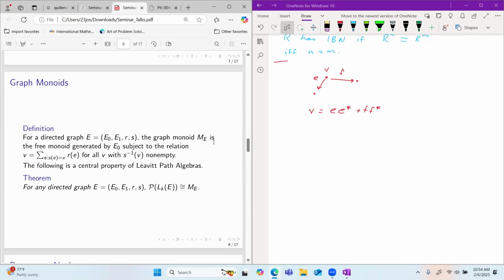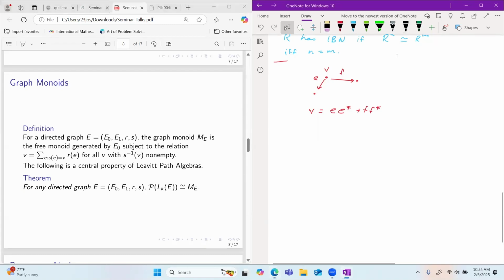So the graph monoid is just a monoid that you can associate to any directed graph. It's a free monoid generated by the vertices, and they're subject to the relation that a vertex V is identified with the sum of vertices which proceed from it.